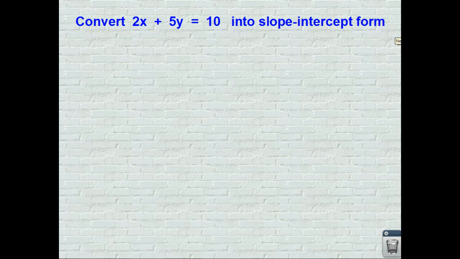All right, in standard form, we have our ax plus by equaling c. If I were to put this into slope-intercept, we're looking for y equaling mx plus b, and it all really plays into where this equal sign is.